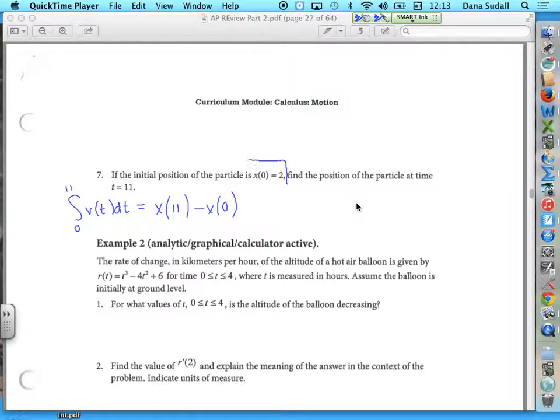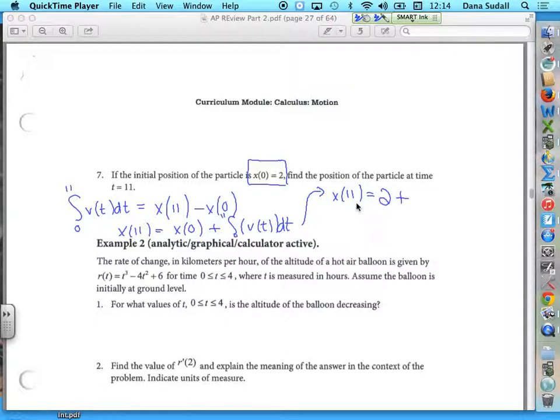So they gave us a different starting position than what we had. So if I want to know what x of 11 is, I could rearrange this. I could put that x of 0 on the right-hand side. And x of 0 they gave us was 2.